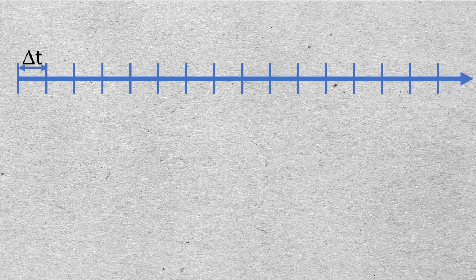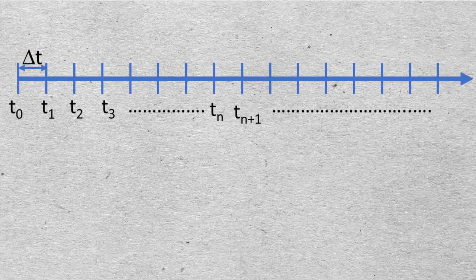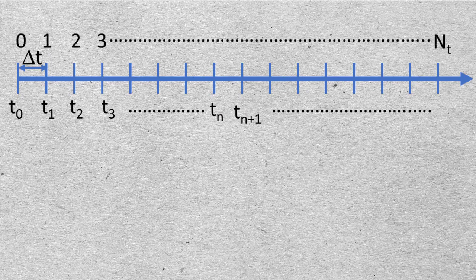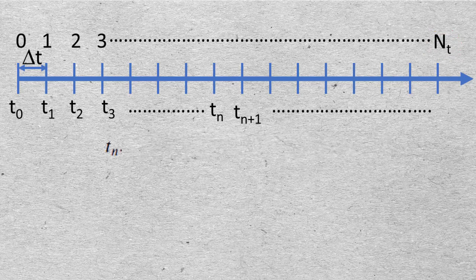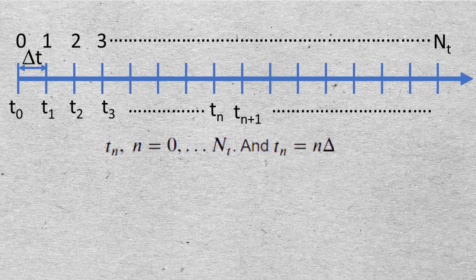Any time point on the mesh can be referred to as t sub n, where the subscript n increases from 0 to uppercase N subscript t. We can write this mathematically as t sub n, n equals 0 to N subscript t, and t_n is equal to n times delta t.